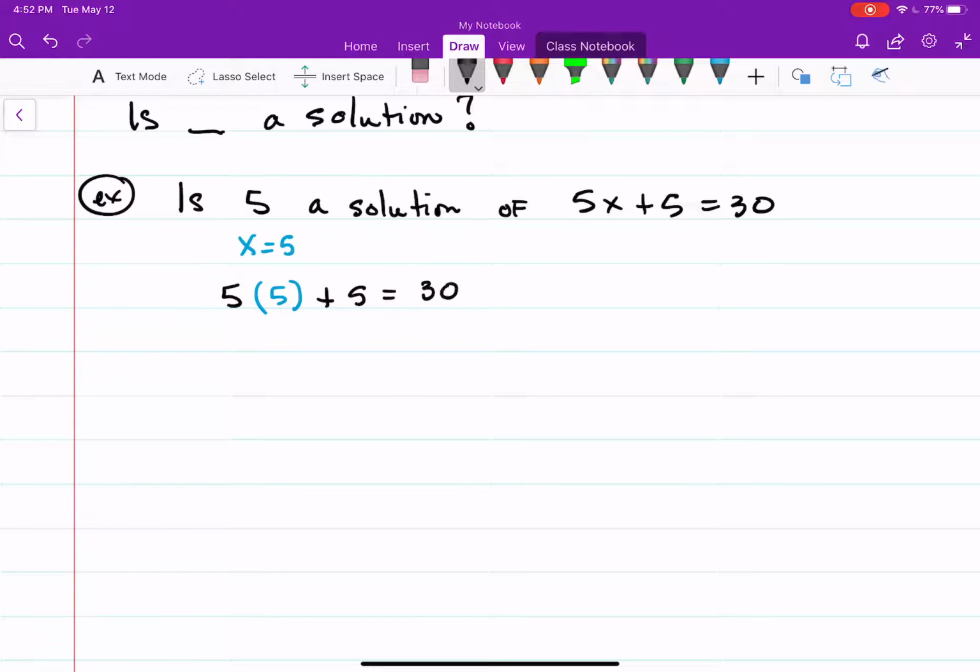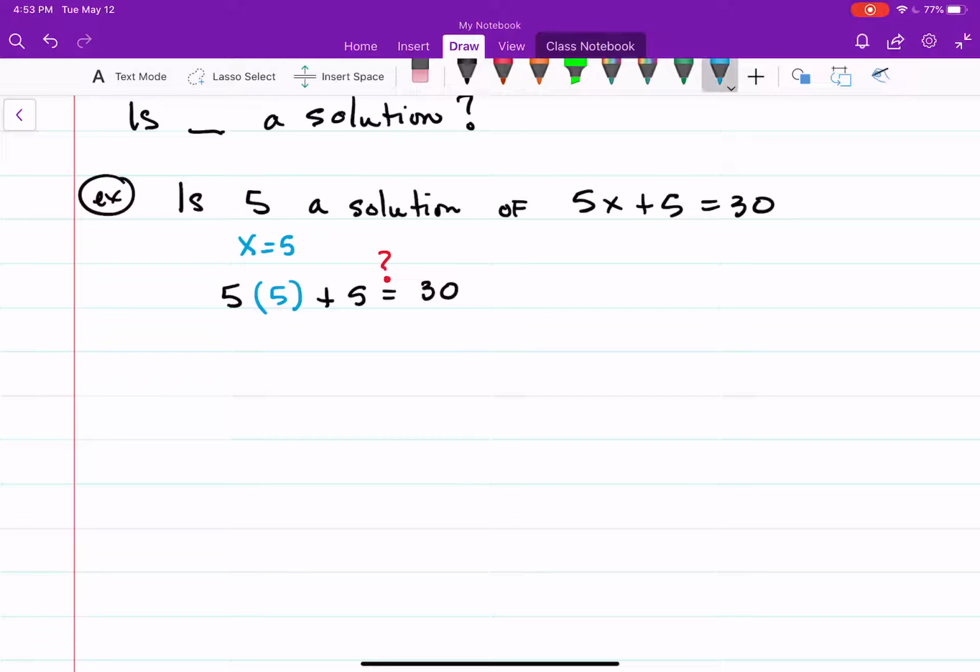And we're basically asking ourselves, is this true? I'm going to work the left and the right side separately by themselves, not intermingling them, and see if the two sides are equal to each other.